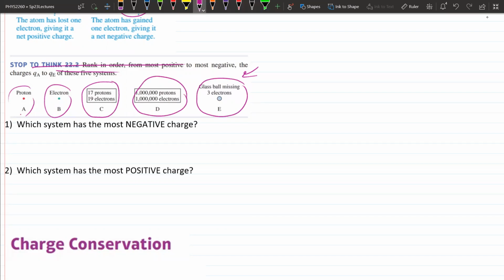Which of these 5 things has the most negative charge? All right, let's give you 30 seconds, and then I'll ask you to raise your hand if you think you know which one it is.